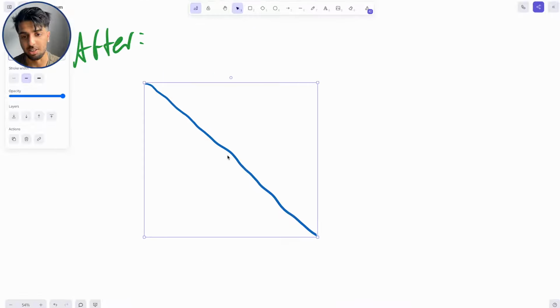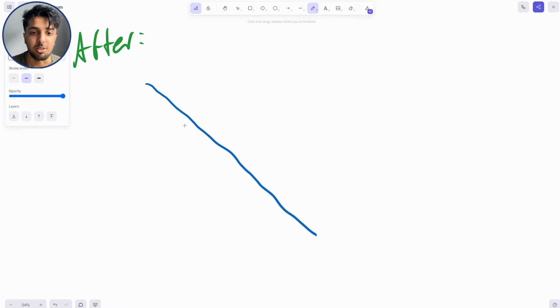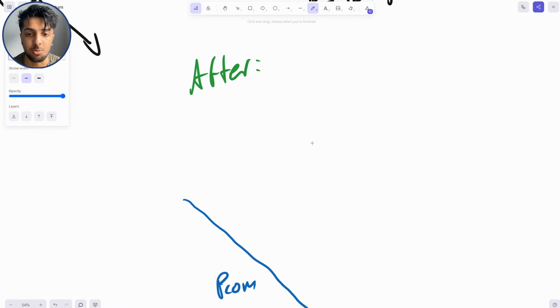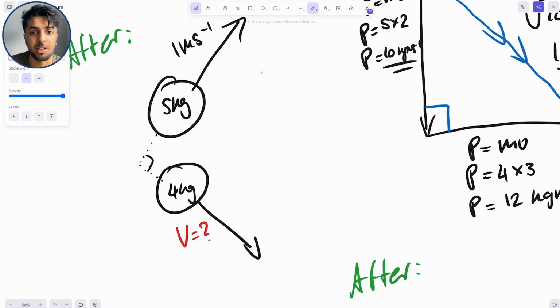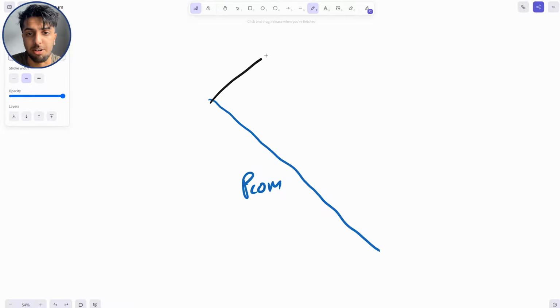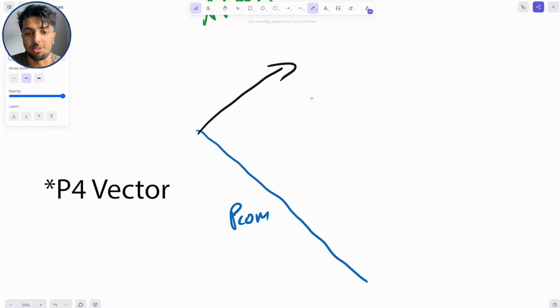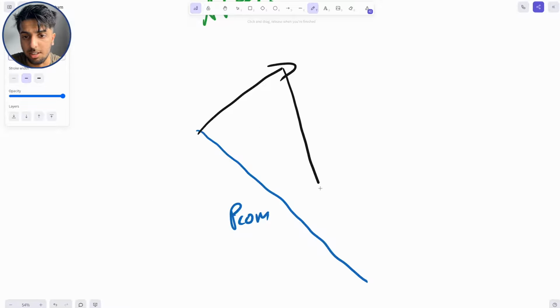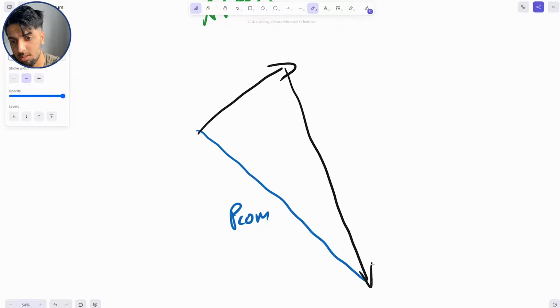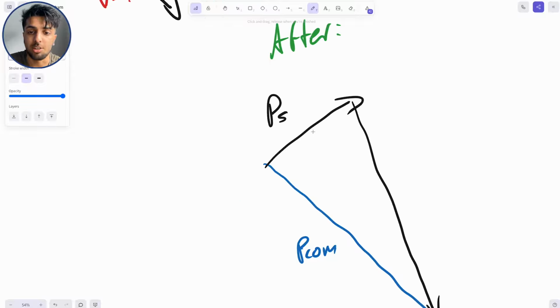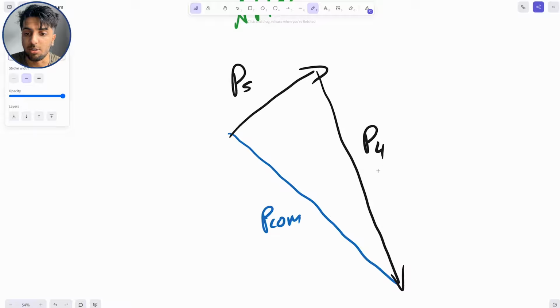But the momentum vector should be the same. So we have our P0m, okay? And so we have our 5 kg mass coming out this way. So we can draw that right there-ish. And then we get a resultant vector coming down like this. So that is the momentum of our 5 kg, and that is the momentum of our 4 kg.